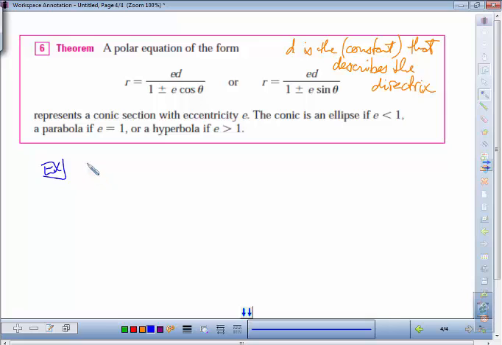Let's say your directrix is y equals negative 1/4.